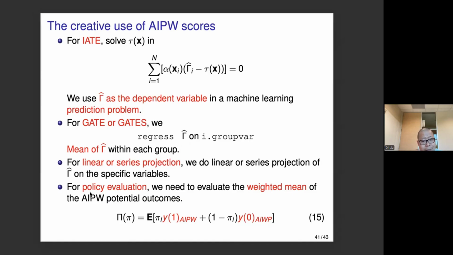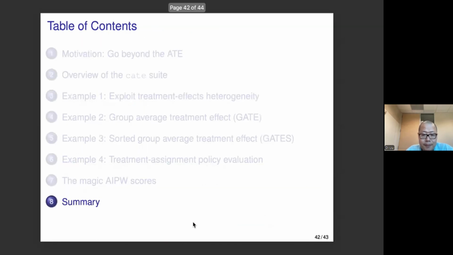And finally, for policy evaluations, we can evaluate the weighted mean of the AIPW versions of potential outcomes. So the AIPW score is really useful throughout the computation of the CATE.